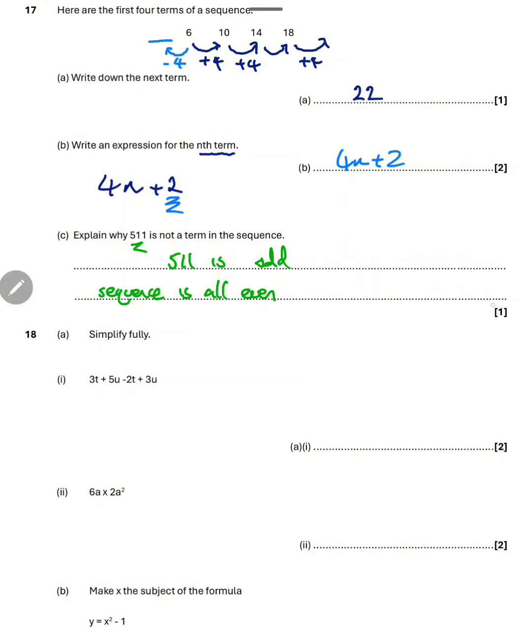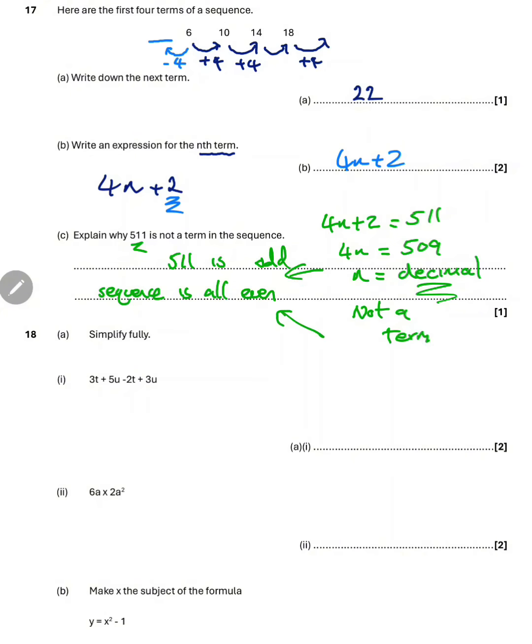The mathematical way, if it was more marks, would be to say, well, does 4n plus 2 ever equal 511? And then solve this equation, take 2 from both sides, you get 4n equals 509. Divide both sides by 4, you'd get a decimal. And because you've got a decimal solution to what n would be, that's showing that it's not a term. But for 1 mark, that's enough.